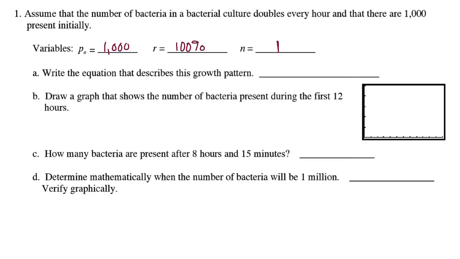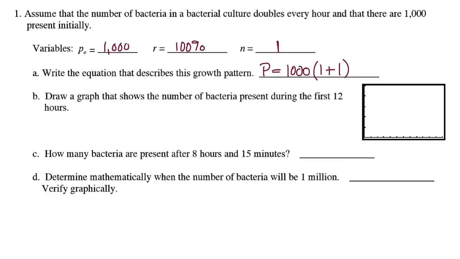Now they want us to fill in, and here notice that the bacteria is doubling every hour, so this would be an exponential growth. So the formula we would use would be our population is going to be equal to our initial population, which is 1,000, times 1 plus our rate. Well, 100%, if we change that back over to a decimal, it's just going to be 1.